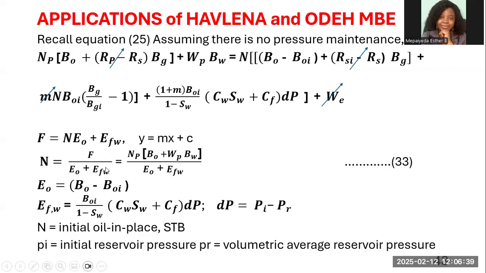And your F, don't forget that your F, underground withdrawal, is Np Bo, what we have left here, and Bw Wp, and then divided by this. Your Eo is Bo minus Boi, which you have here. And your Efw, remember m is 0, so 1 plus 0, you have Boi over 1 minus Swi, and then you have (cw Swi plus cf) at delta P. Don't forget your delta P is Pi, initial reservoir pressure, minus every other pressure.